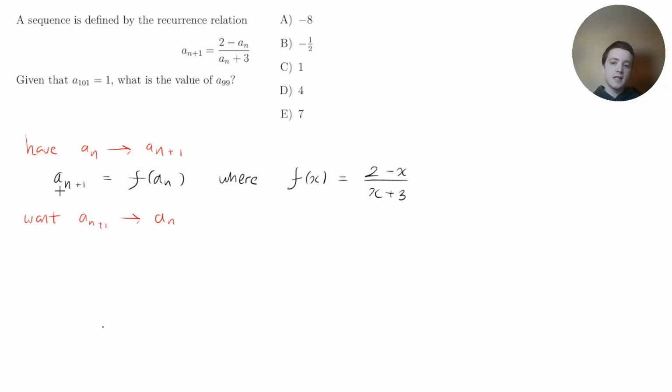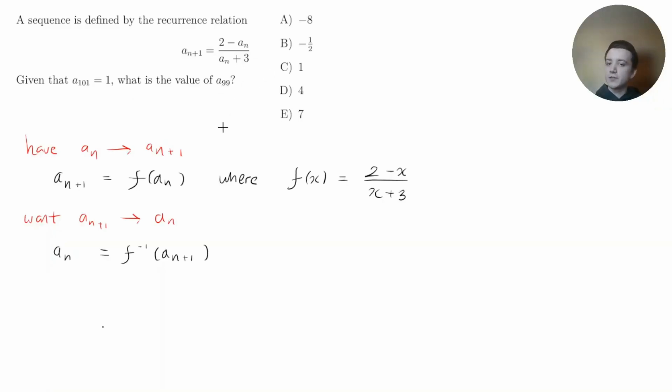And indeed, if the (n+1)th term is f of the nth term, then the nth term, a_n, is going to be the inverse of f applied to the (n+1)th term, a_{n+1}. If we do find this inverse, that's going to let us go from the 101st term to the 100th, and then finally to the 99th, which is our end goal.